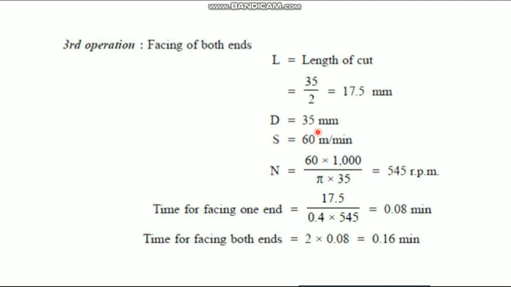S is common. We can find out the N value. The time formula is the same, L by F into N. L is equal to 17.5. You can calculate. So this is the time for facing at one side. This is for two sides.